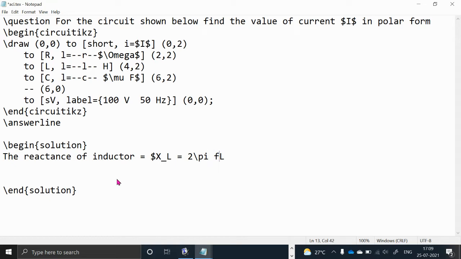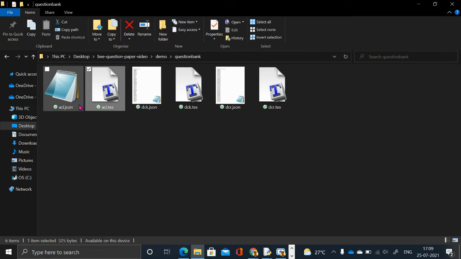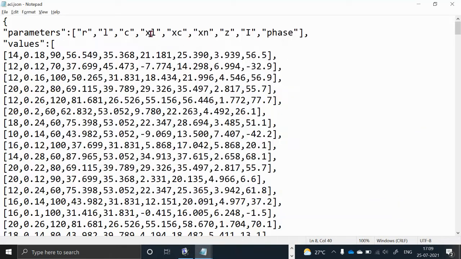So this is all in LaTeX format, which is equal to 2 into pi into 50 into. Now here L, we already have this L here, right? So parametric. So dash dash L dash dash. So this will be the 2 pi f L. Now this will be replaced with our new parameter, that is we have just now created the parameter XL.